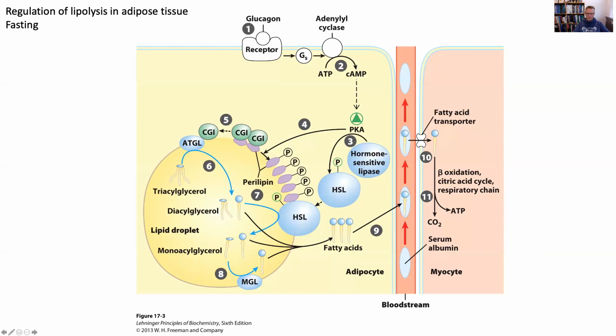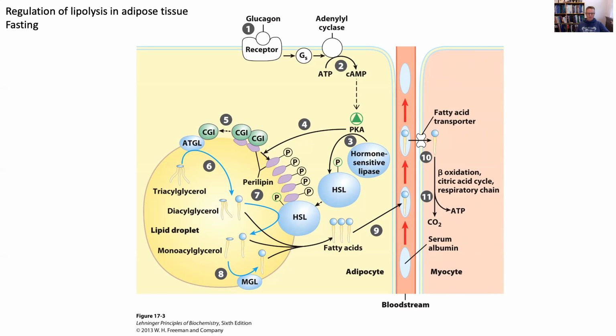And in many textbooks, it's shown that glucagon from the pancreas can activate lipolysis in adipose tissue. I'd like to stress that this is only taking place under extreme conditions where the glucagon level is very high.